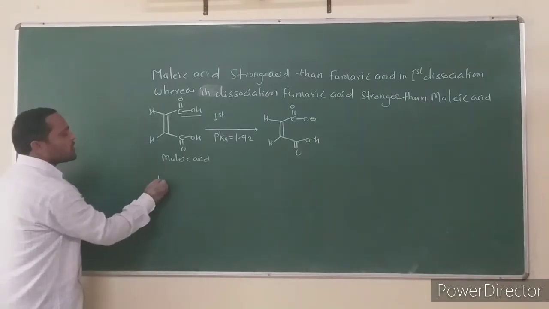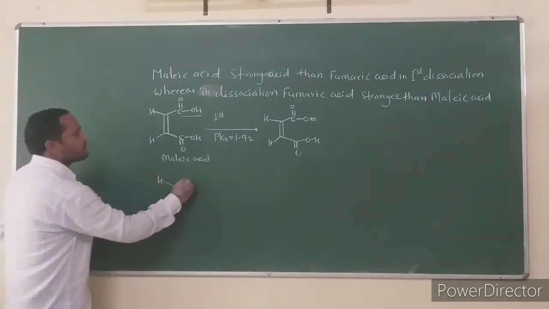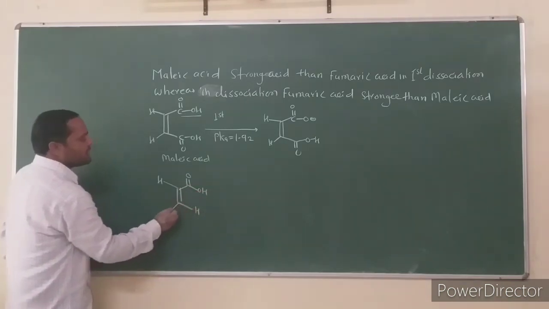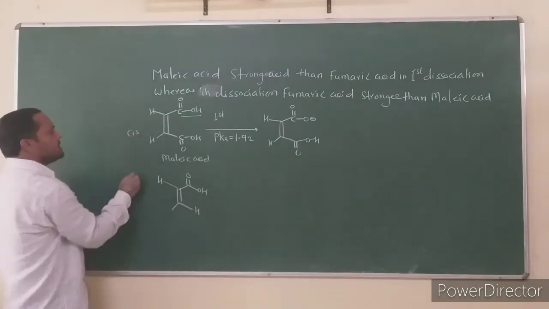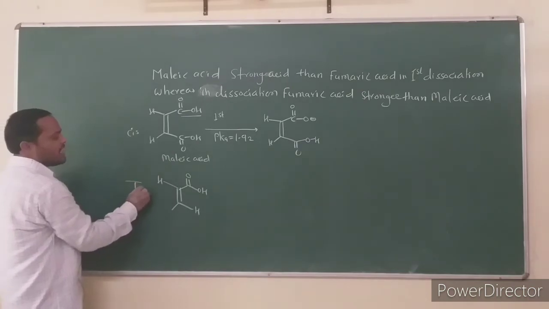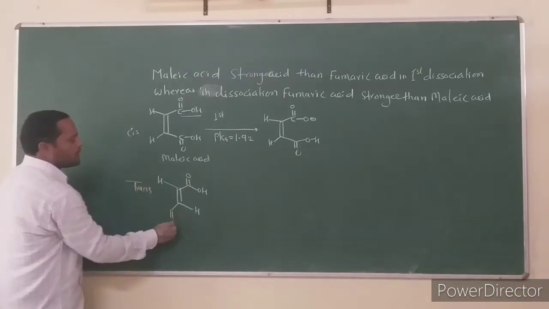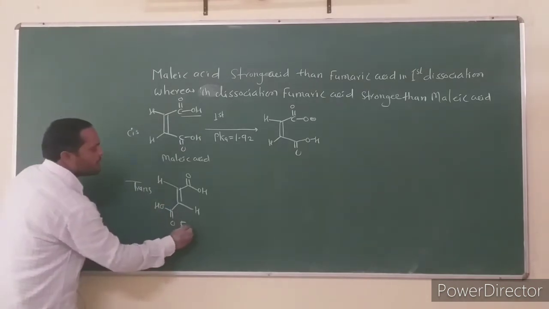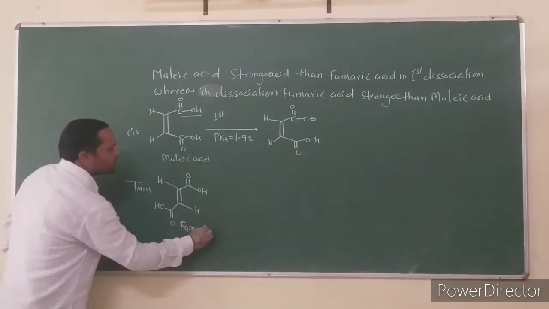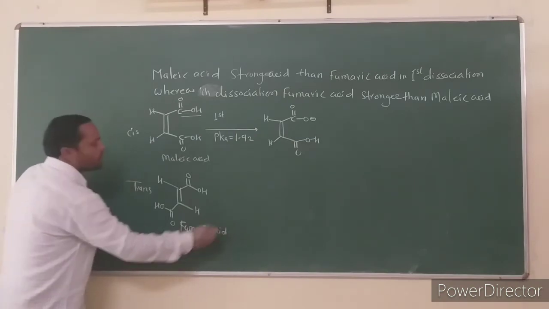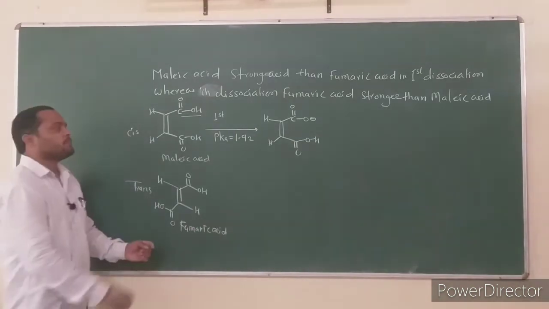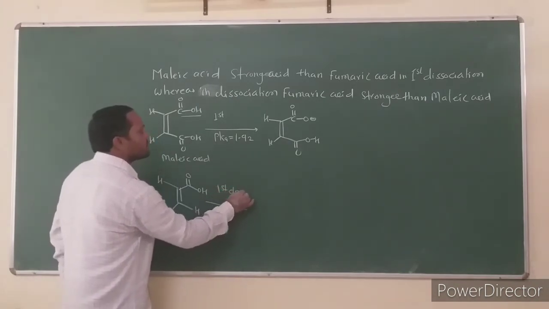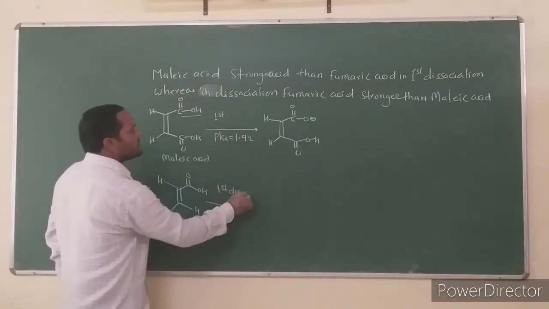Then consider the structure of fumaric acid. The two carboxylic functional groups are present on different sides. Maleic is cis and fumaric is generally trans. It is fumaric acid, and it undergoes the first dissociation.